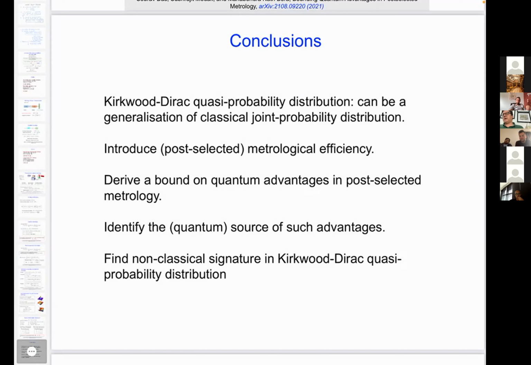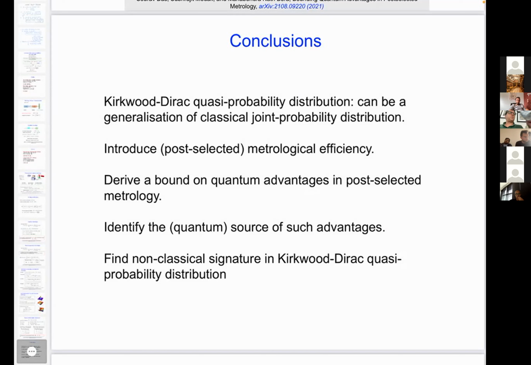Now, what you're telling us is that there are some cases where you can have a completely positive quasi-distribution, and nevertheless you get some kind of metrological advantage. So can you tell me, first of all, how your results either contradict or are in concordance with their Nature Communications result?